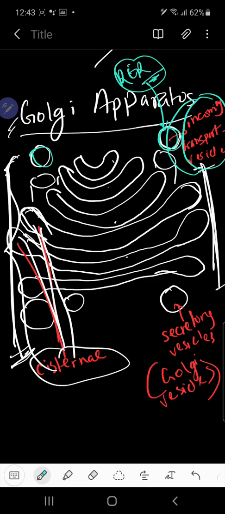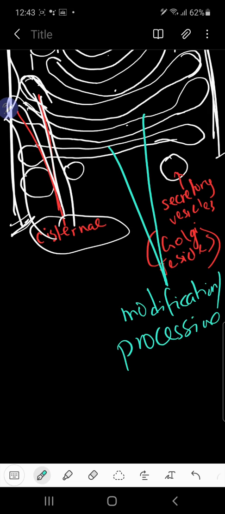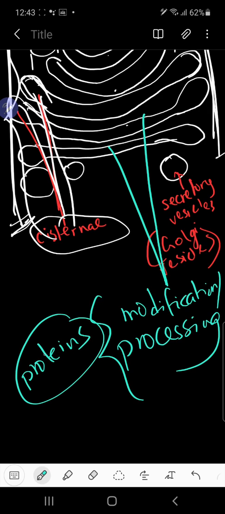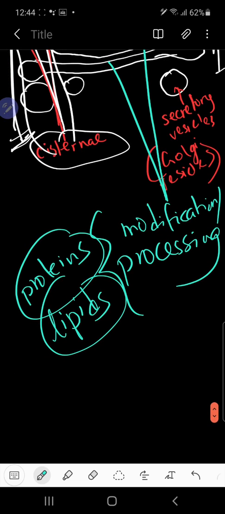The main function of the Golgi apparatus, or the Golgi body, is the modification, or we can also say the processing, of different types of molecules which get carried to the Golgi apparatus. So modification and processing of different types of molecules, mainly proteins which come from the rough endoplasmic reticulum. It also modifies lipids. So how do they modify?